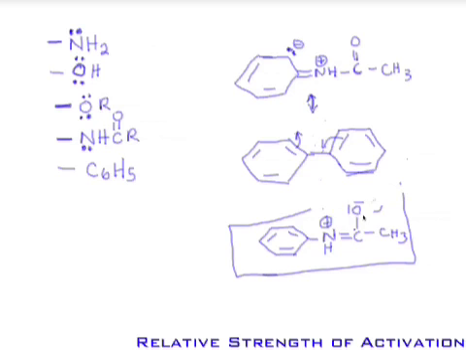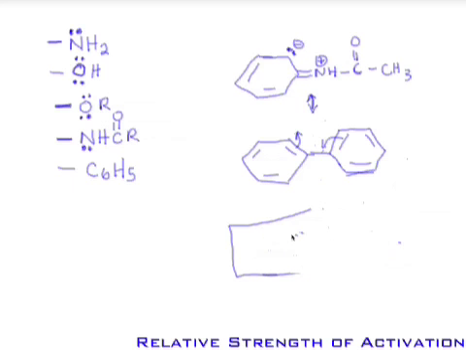And yes, one ring will lose electron density, but whenever one ring becomes electropositive, the other ring becomes electron rich and is susceptible to greater attack, if you like.